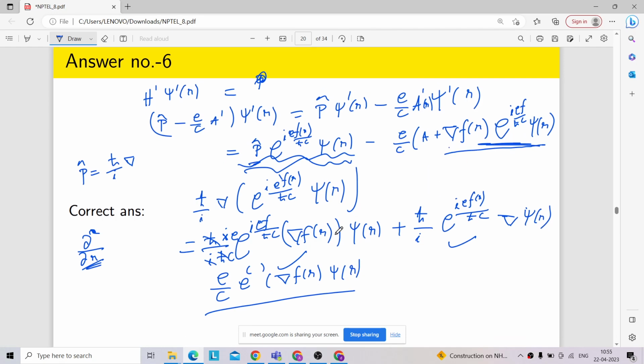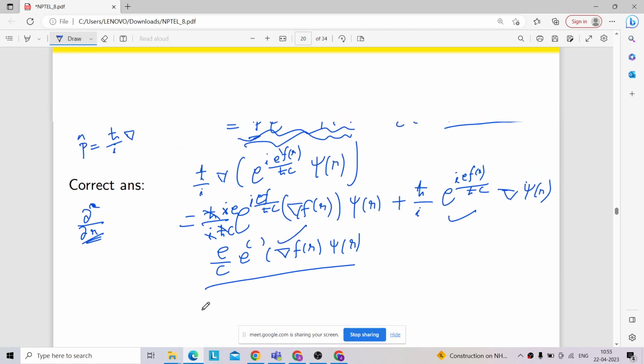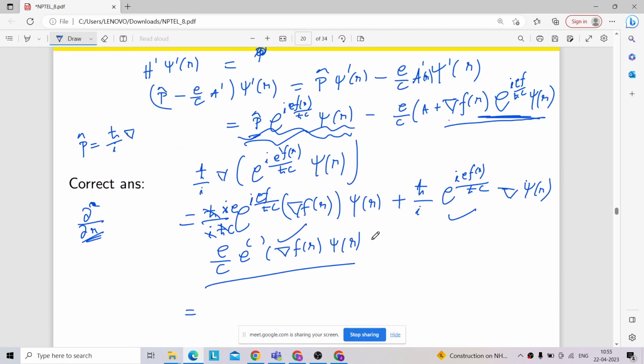So these two terms will cancel, and I will be left with h cross over i, e to the power of this term, gradient of psi of r minus e A over c psi of r.